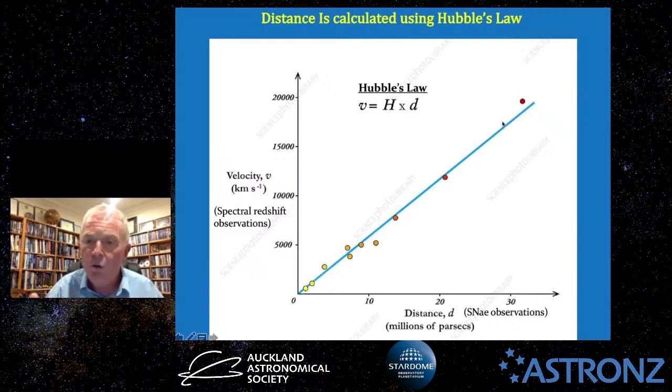That slope is called the Hubble constant, and it represents the rate at which the universe is expanding. And this is using, of course, supernova explosions, those type 1a, to get the distances to these faraway galaxies. So that's called Hubble's law, and that's how you often work out distances and velocities. You can compare them. But very importantly, it's this formula here: the recessional velocity is Hubble's constant times the distance in parsecs.